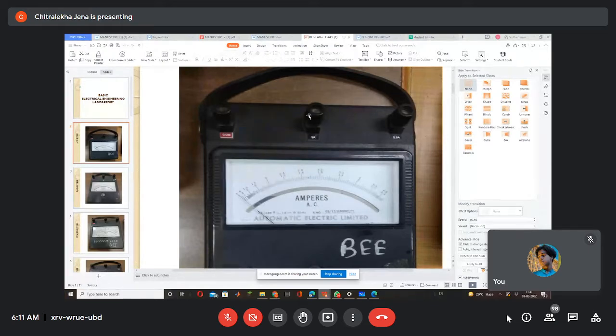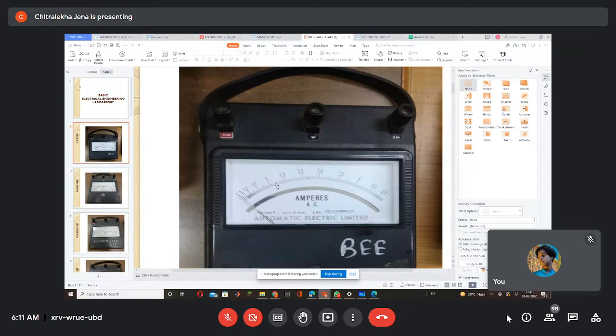Ma'am, can you repeat once? See, there are 3 knobs. This is a common point where you compulsorily connect. I will show you the diagram. These two are the 2 ranges. One is your 2.5 ampere range, another is your 5 ampere range. The 5 ampere range is your higher reading, and this is your lower reading. Suppose you have connected the ammeter and the pointer has moved to the place where 1 and 2 are written, with 2 just above the 1.